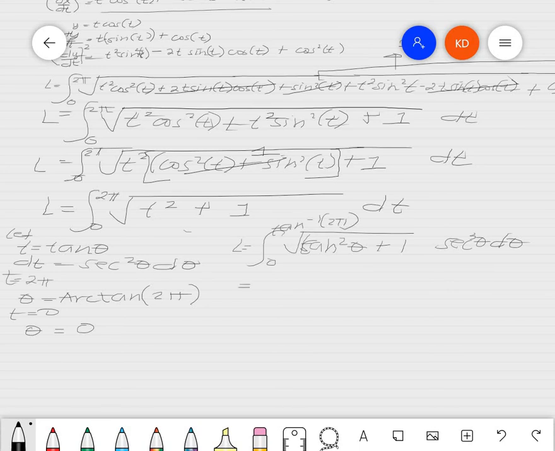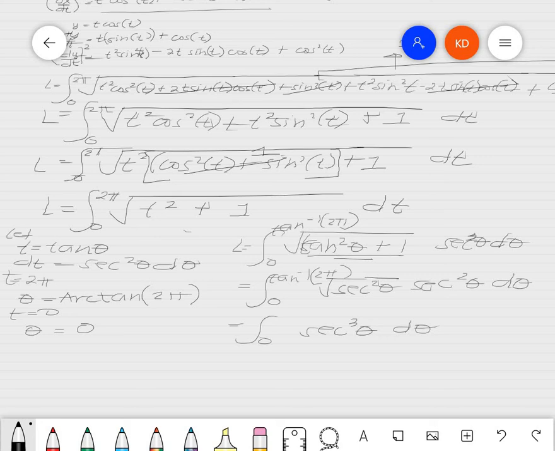So we have secant squared theta times secant squared theta d theta, from 0 to arctan of 2 pi. So we will have here secant cube theta d theta from 0 to arctan of 2 pi.